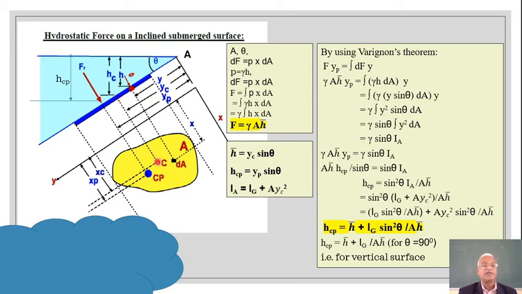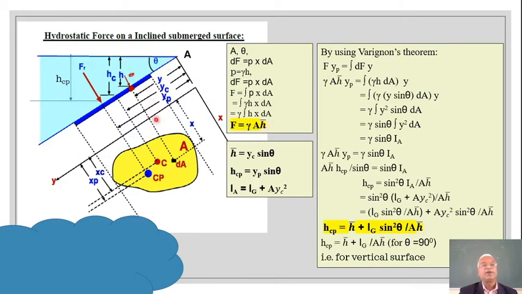You can just see here, the distance of the centroid from the free surface. This diagram is for understanding purpose. This is not the actual situation. The actual situation is the plane is over here, the centroid is over here. The distance of the centroid from the free surface is HC or H bar or X bar, right? So that is what is to be multiplied so that you get the total force.